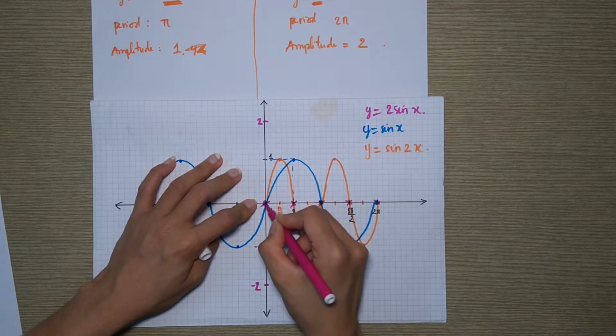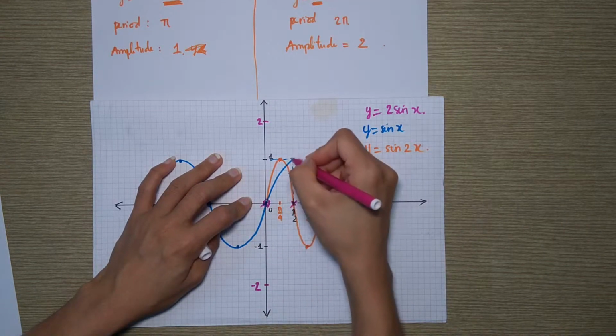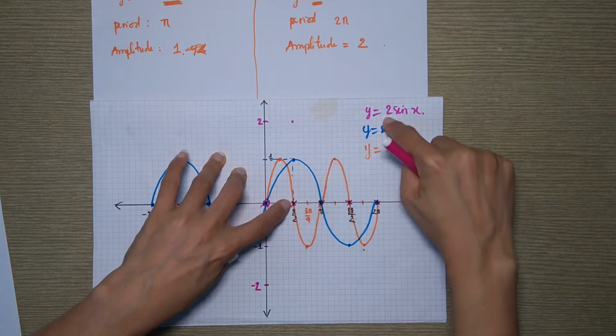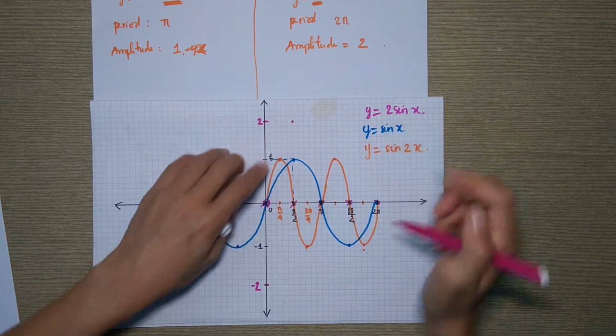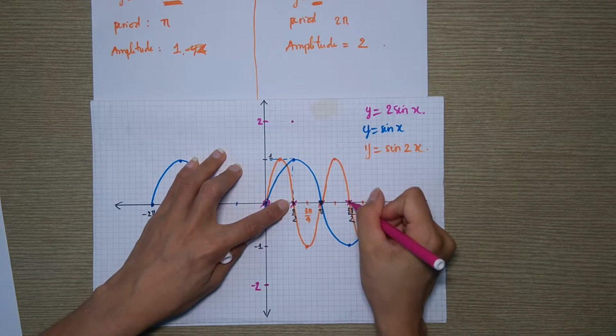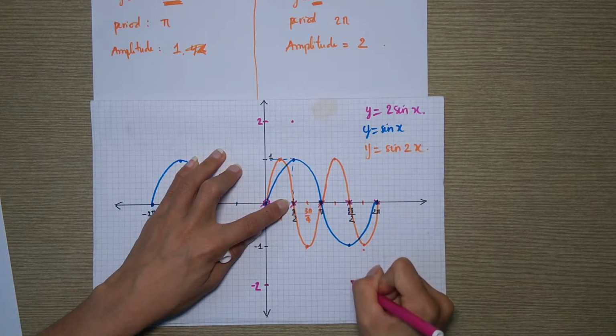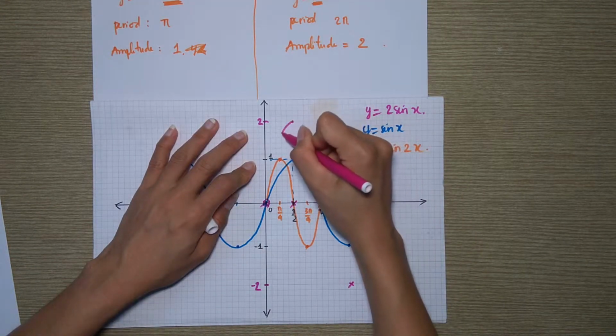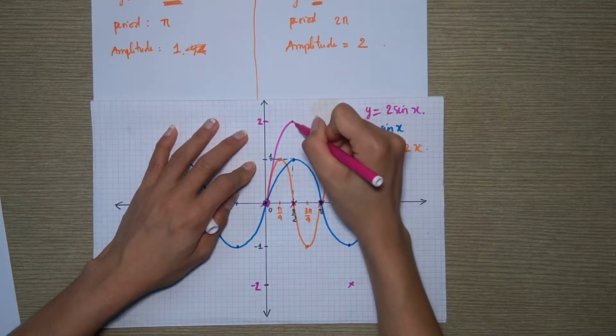Start from 0, this goes up to 2 instead of 1. This would go to 1, but because it's stretched twice, it goes to 2. And this 0, and this would go to negative 2 here. So this is the graph of this function.